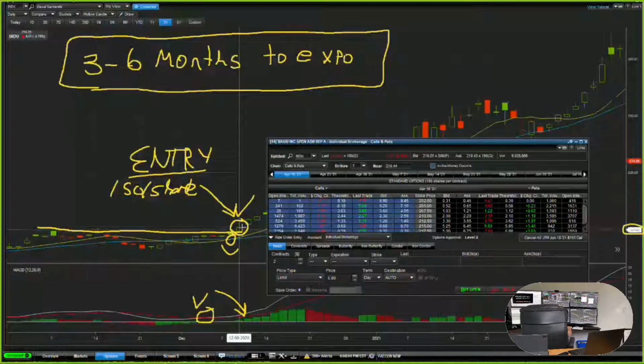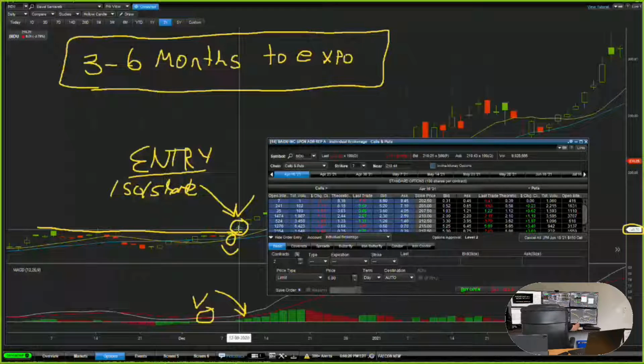Okay, so we broke that area of resistance. We got our first green bar above the 10, 20-day simple moving average. We got the MACD cross. Our entry's right here on December 9th, 2020.